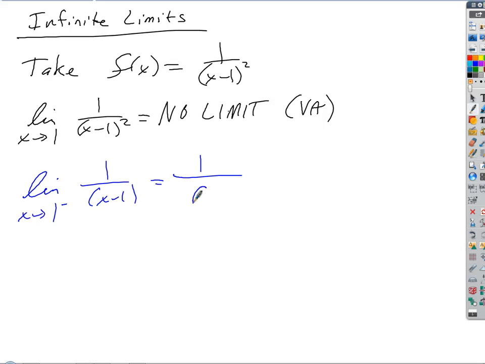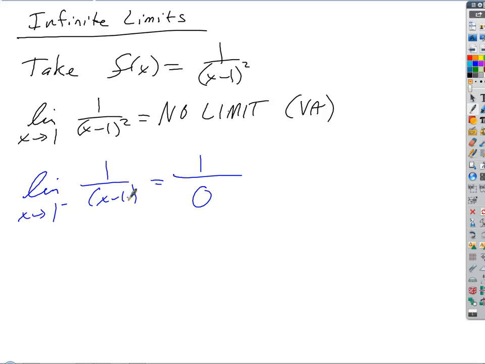Sure, it's a 0, but what kind of 0 are we getting here? Because we never actually get to 1, do we? We just know that the value of the bottom approaches 0, doesn't actually get there. Agreed? So if we're taking a value slightly less than 1 and subtracting 1 from it, what can you tell me about that very small number that approaches 0?